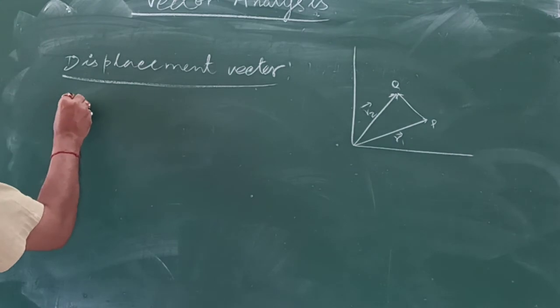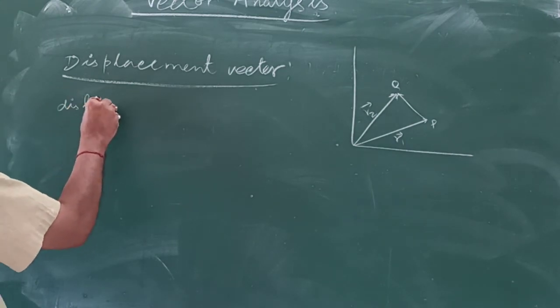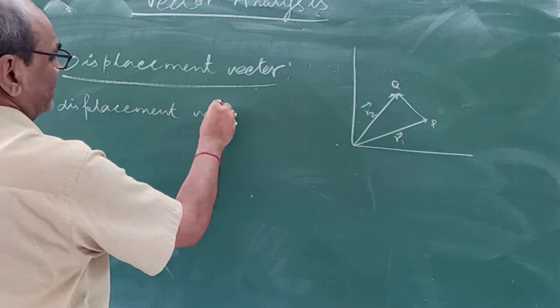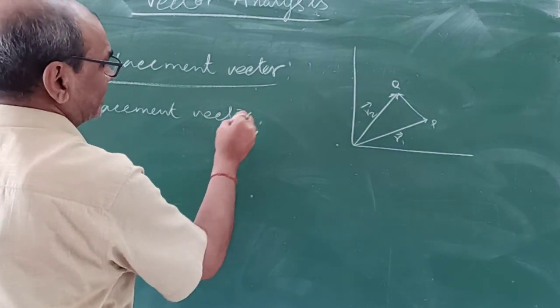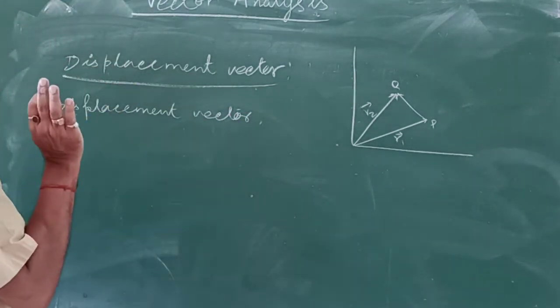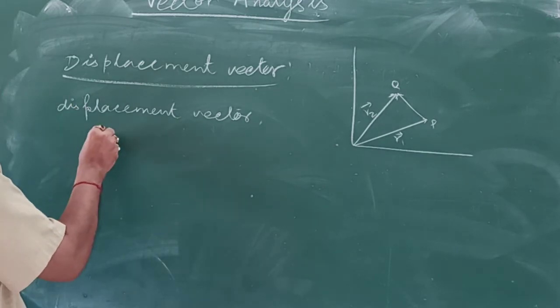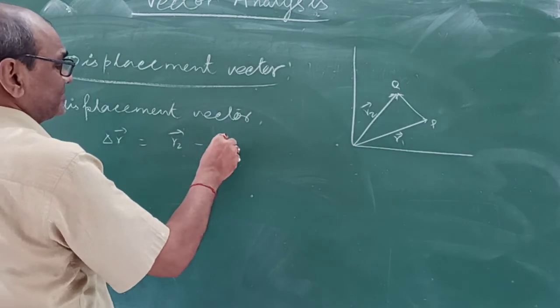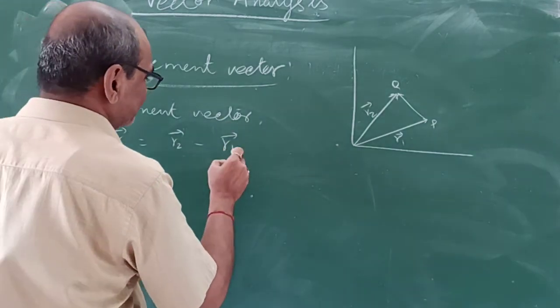R2 minus R1 is the displacement vector by the triangle of vector addition. Therefore, displacement vector delta R is equal to R2 minus R1.